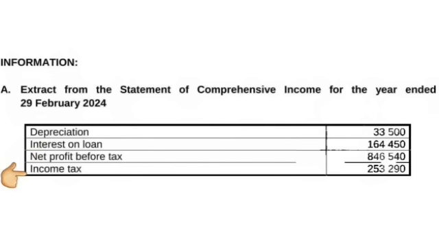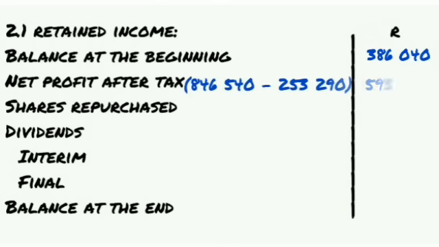So to get the net profit after, what you do is take the net profit before and minus the income tax, and it's going to give you the net profit after tax. So in bracket you're going to show it in your framework or in your answer book that 846,540 minus 253,290, it gives me 593,250 as my net profit after tax.